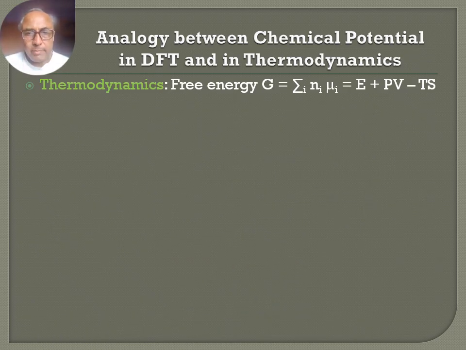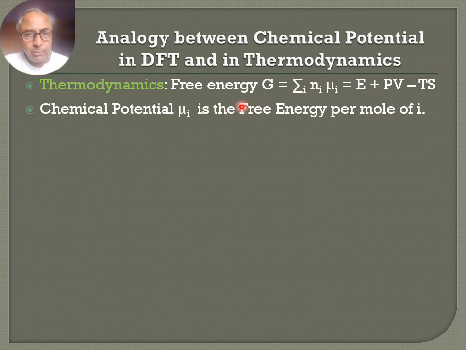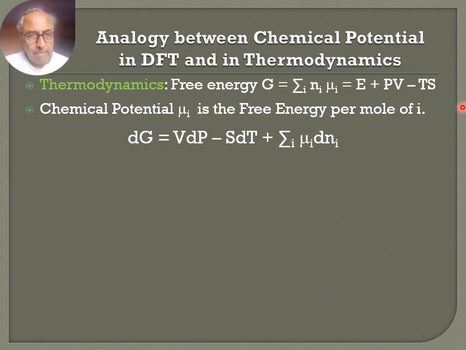Why do we call it the chemical potential? Well, let us look at the analogy between density functional theory and chemical thermodynamics. In thermodynamics, the free energy G is equal to sigma i Ni mu i, where Ni is the number of moles of component i, and is also equal to E plus PV minus TS. Thus, the chemical potential mu i is the free energy per mole of component i. Then we also have dG equals VdP minus SdT plus sigma i mu i dNi.